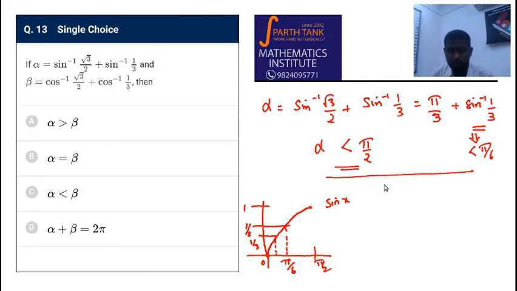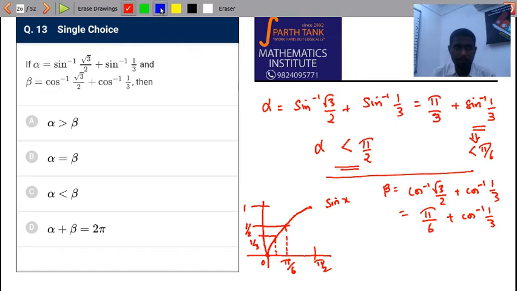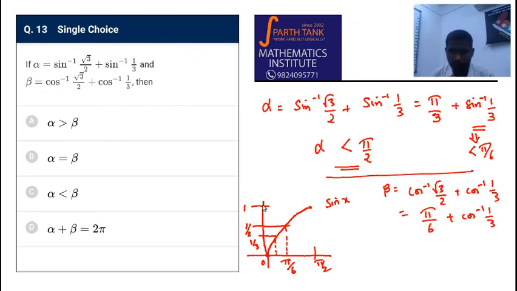What about beta? Now beta is cos inverse of square root of 3 by 2 plus cos inverse of 1 by 3. Now what do we know about this? Cos inverse of root 3 by 2 is pi by 6, plus cos inverse of 1 by 3. Now using the same argument, if I draw cos, it starts from 1 and it is a decreasing function, it will go to 0.